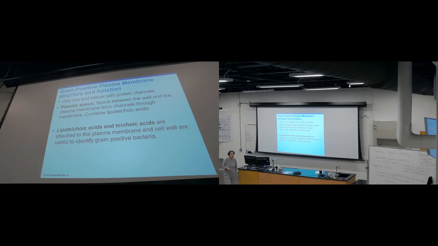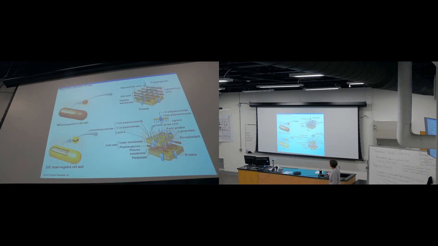And then you have also teichoic acids. So if someone does a molecular study and they find these lipoteichoic acids and teichoic acids, unequivocally the person will say, well, this is a gram-positive microorganism.